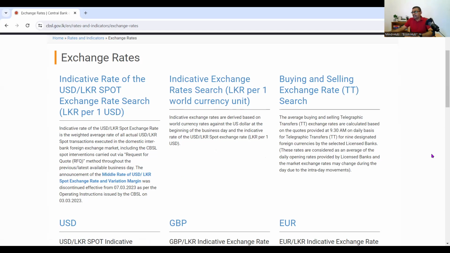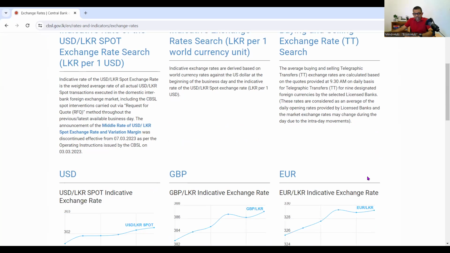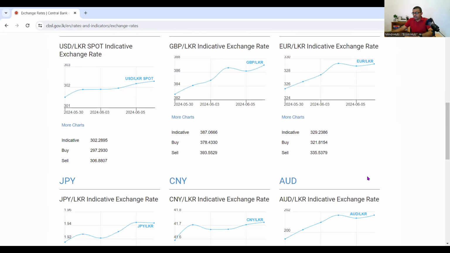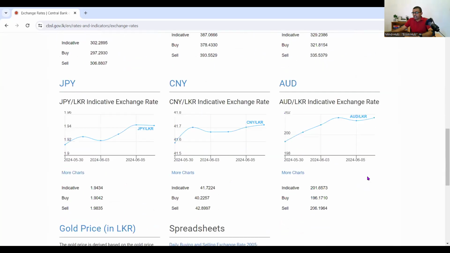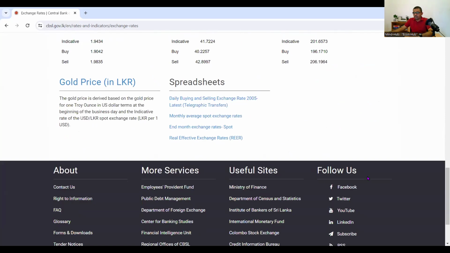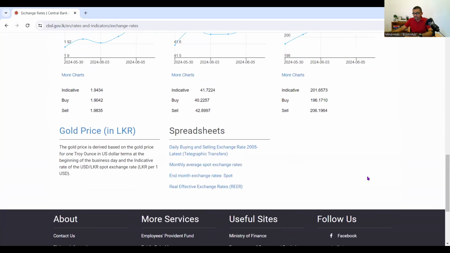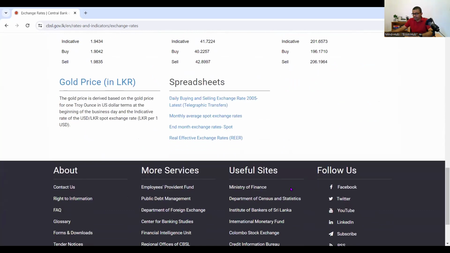Then buying and selling exchange rate, it says telegraphic transfer, that is a system you guys might have learned in business studies, between banks, how they do currency trading. Then an idea is given on how the exchange rates are moving, things like that. Gold prices have an indirect impact on the exchange rate. So that is also generally taken into consideration.